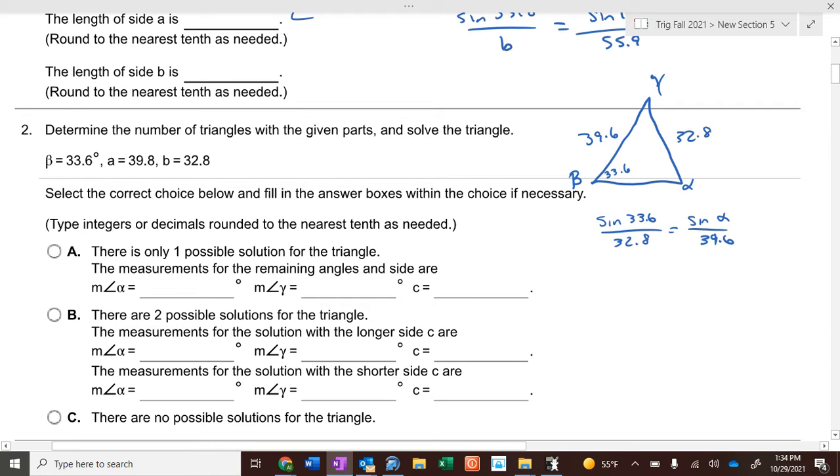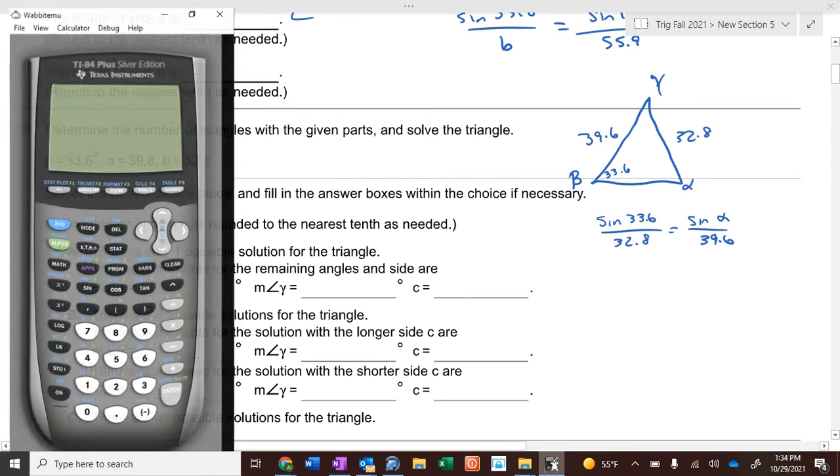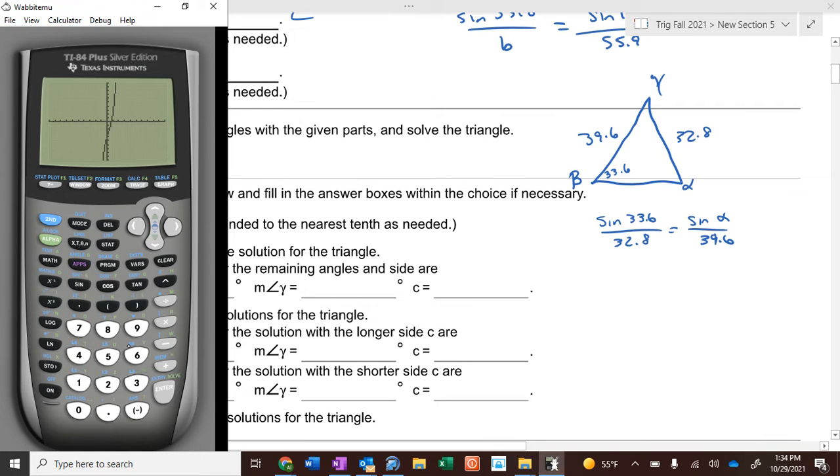Okay, so cross multiply and solve. So it is 39.6 times the sine of 33.6 divided by 32.8, and then inverse sine of the answer.